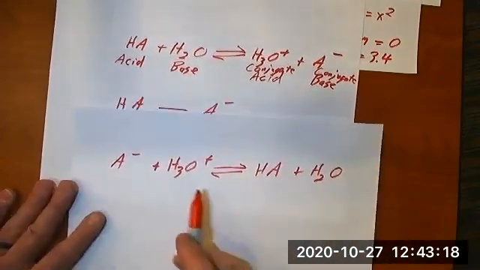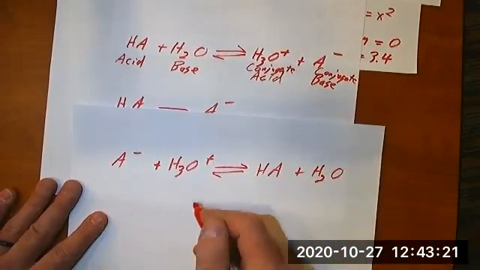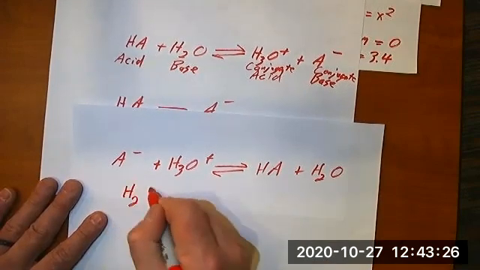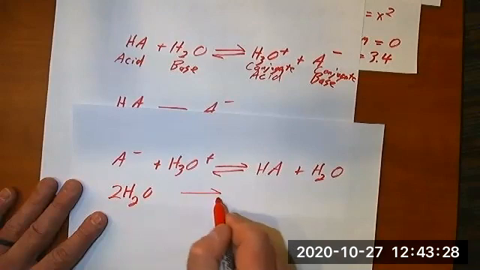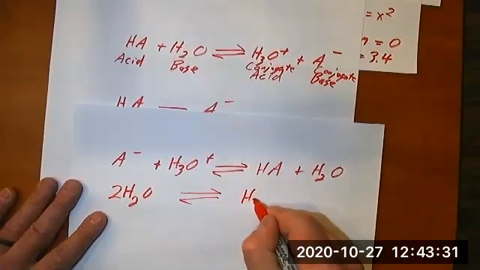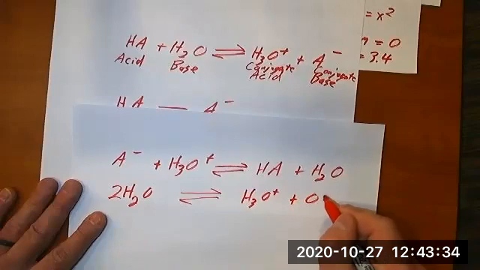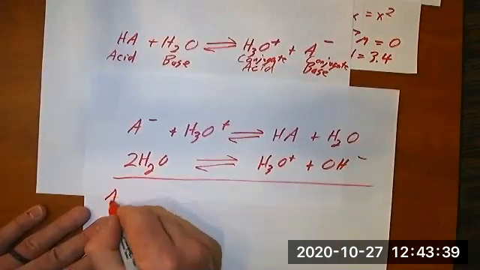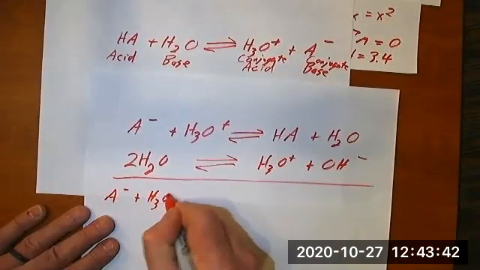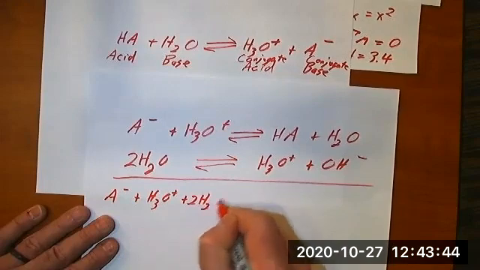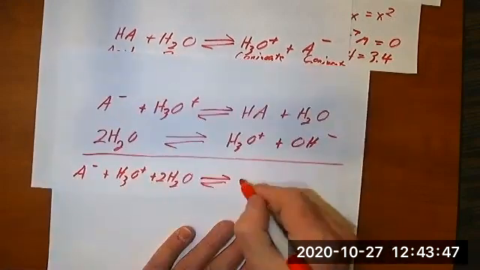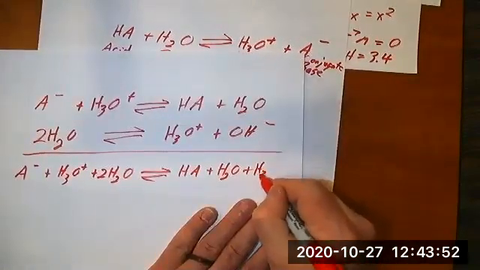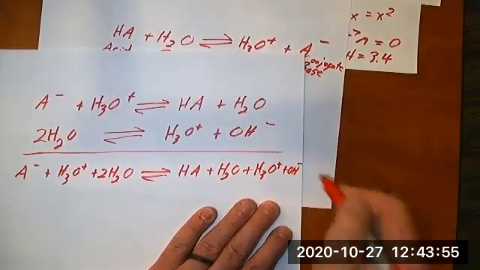Now, we can easily add to this reaction the equilibrium that is already going on with water. 2H2O is in equilibrium with H3O plus OH minus. We add these together. A minus plus H3O plus 2H2O is in equilibrium with HA plus H2O plus H3O plus OH minus.